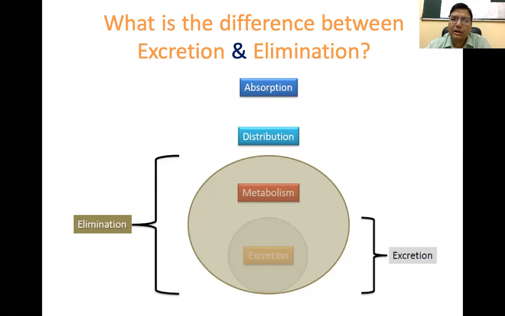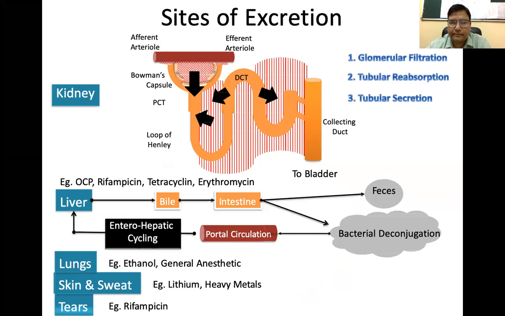Elimination includes all the processes involved, the metabolism as well as the excretion. Metabolism also makes the drug polar to be excreted out. So elimination includes both metabolism and excretion, while excretion is simply removal from the body.